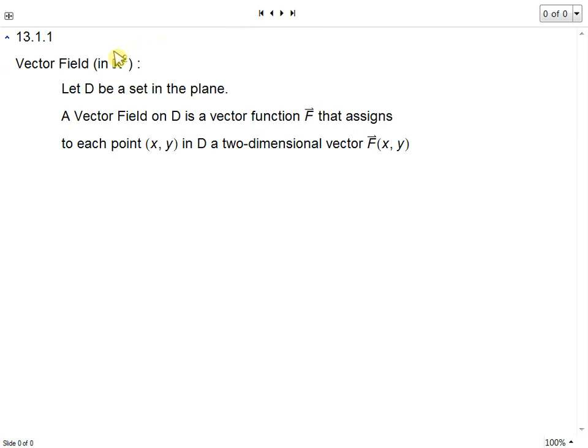First of all, a vector field in two-dimensional space: let D be a set in the plane. A vector field on the set D is a vector function. So a vector field is a vector function. It assigns to each point x, y in the domain a vector.